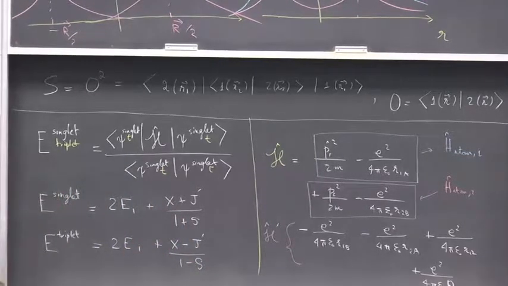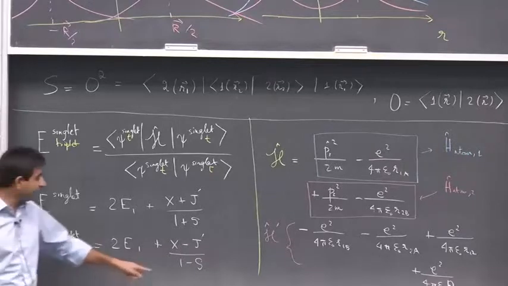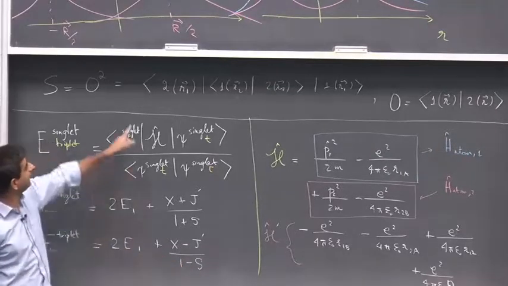Alright, so this is algebra. Now I need to define x and j dash. These must be integrals of some kind. I've already defined s. S is this integral over here.